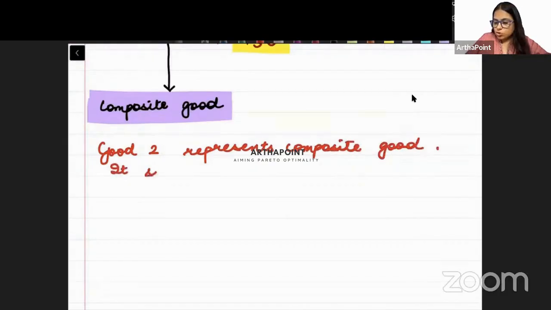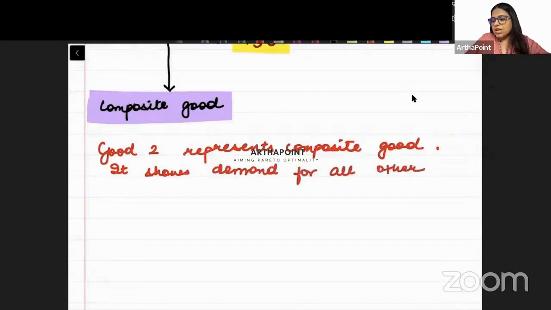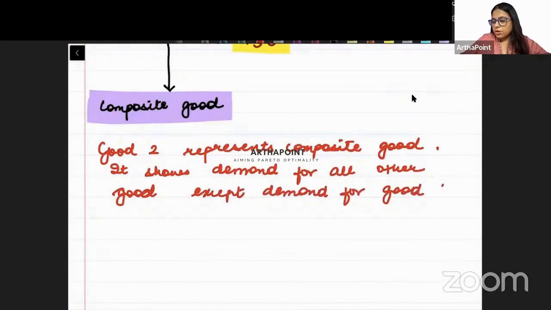It shows demand for all other goods. जितने भी बाकी गुड्स हैं उन सबका डिमांड except demand for good one. Good one का डिमांड शो whatever you are demanding, that is composite good. Is this clear? So everything that you are spending except the money spent on good one उसको हम composite good बोल देंगे. I hope this is absolutely clear to everyone.